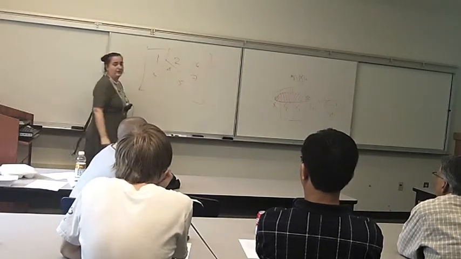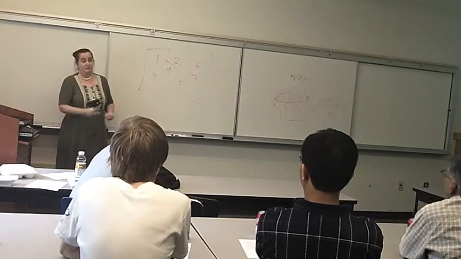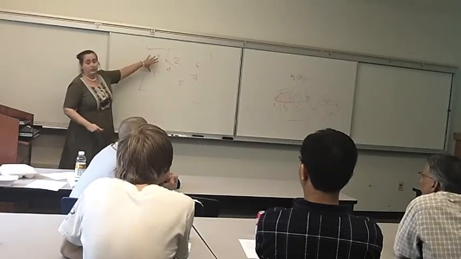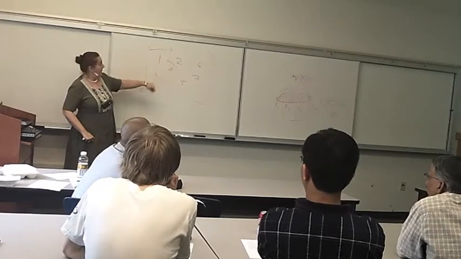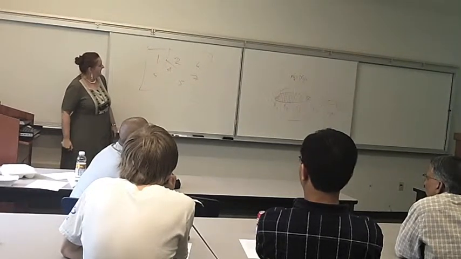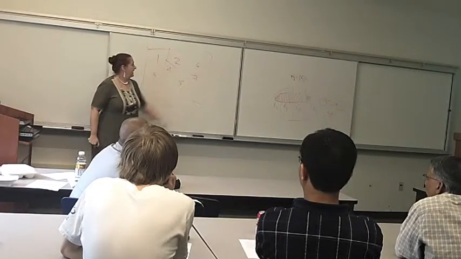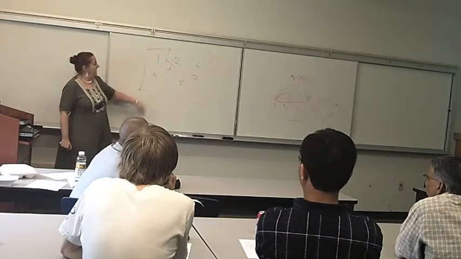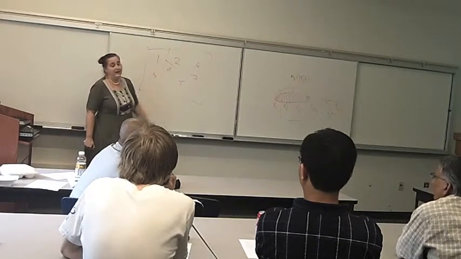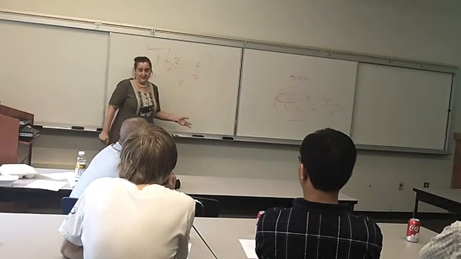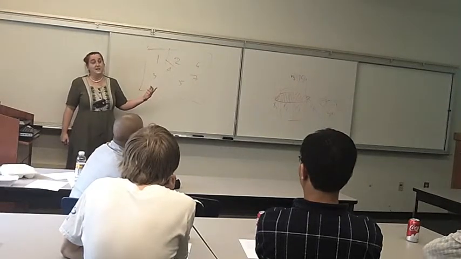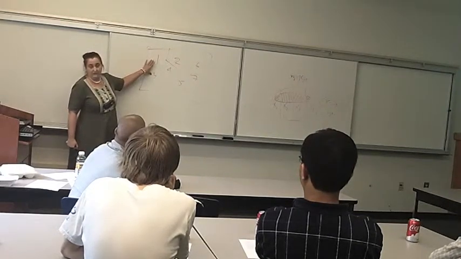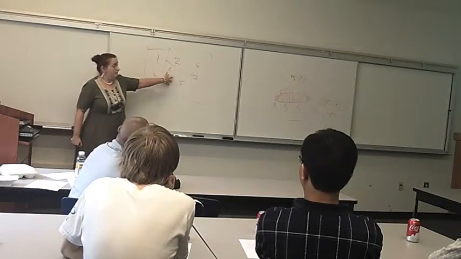I chose to cut it into 3 pieces. This is my partition. My pieces are called classes. So I have a partition of the 7-element set into 3 classes. One of the classes contains 1 and 3. Another one contains 4 and 5. The third one contains 2, 6, and 7. So I have 3 classes, and the class sizes are 2, 2, and 3.